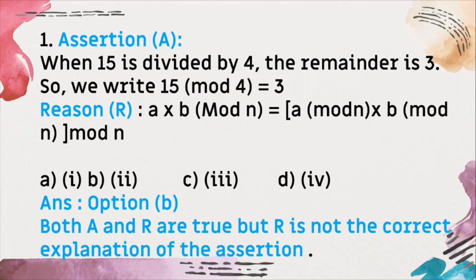So individually A is true, R is true, but the reason is not the proper explanation of this assertion. It doesn't tell us about the assertion. So we go for option B because both A and R are true, but R is not the correct explanation of the assertion.